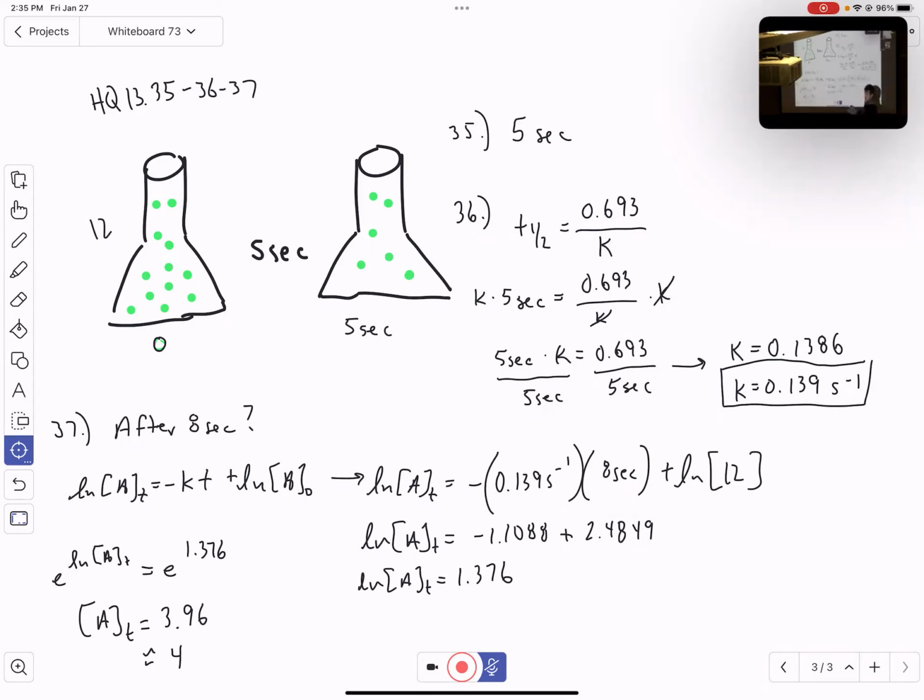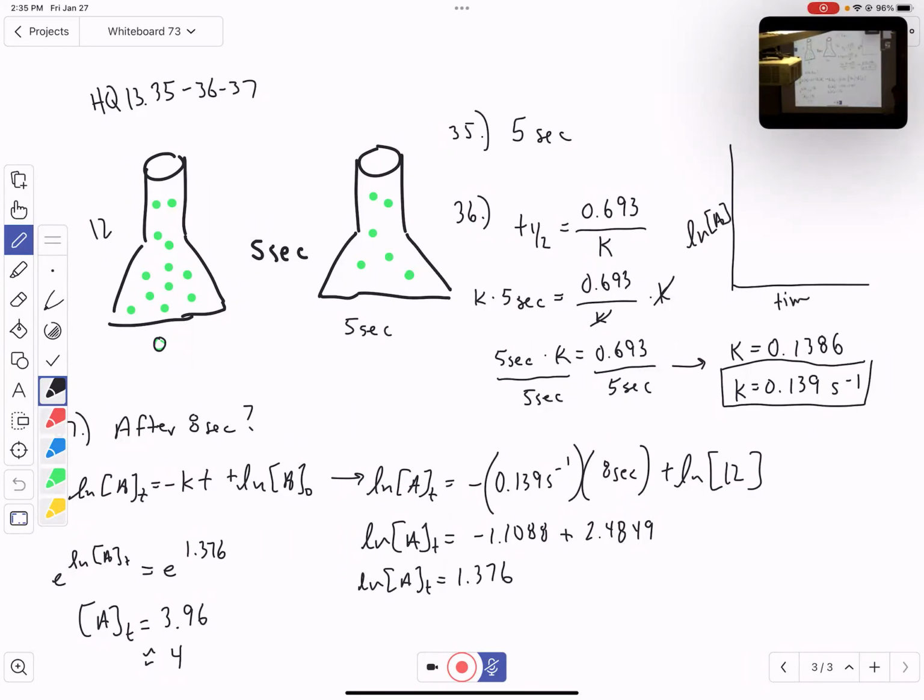So that's how we deal with this rate data, so that we can represent it as a straight line. The natural log of concentration over time for a first order reaction gives us a linear relationship, and that's what lets us calculate the concentration at any point in time, even into the future, if we don't have the data for that.